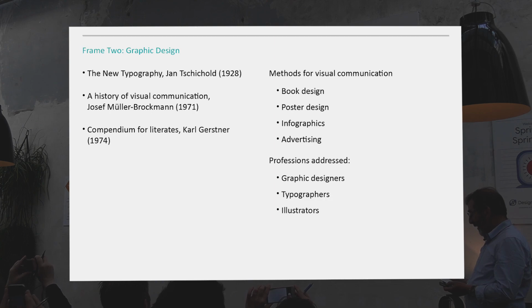Success in frame three can be measured by functionality and usability. So in this type of information design, there are a great deal of studies of wayfinding, instructional design, and signage systems, such as the one that's been recently redone in Châtelet. I don't know how many people here have found that they don't get lost in Châtelet as much as they did 10 years ago.